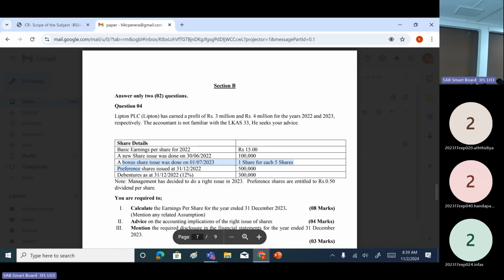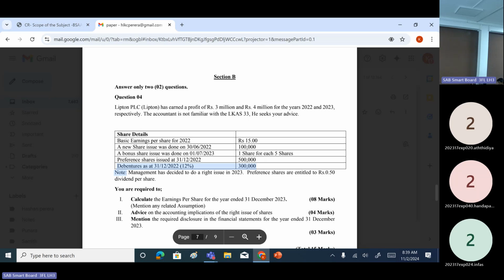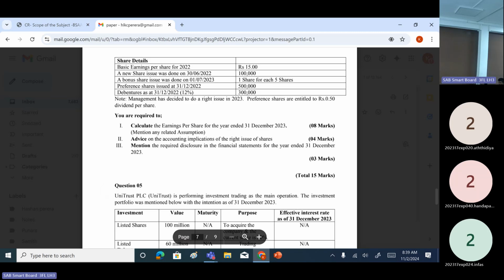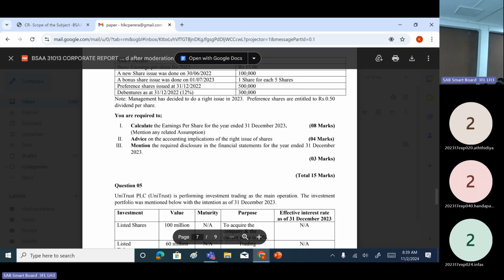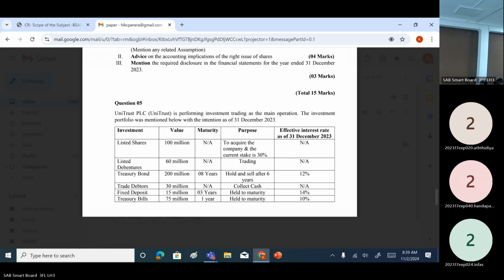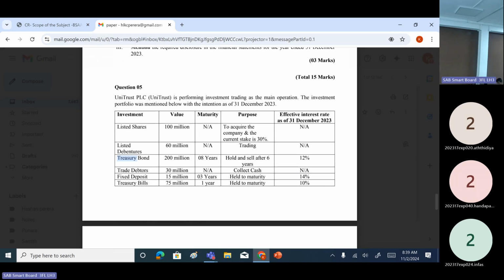Then again, we have some other questions, small questions under section B. Under section B, we have questions given 15 marks that may be related to earnings per share, agricultural assets, right?